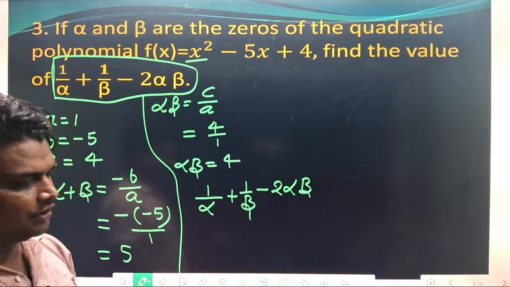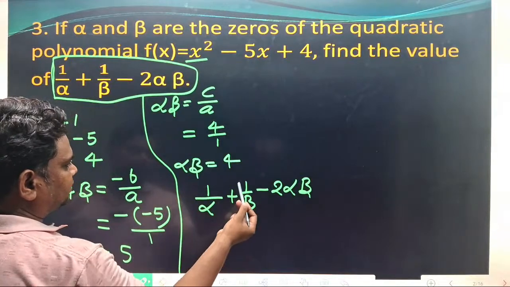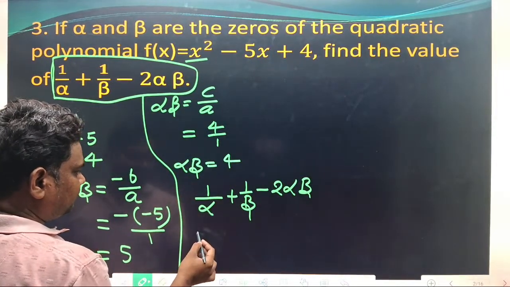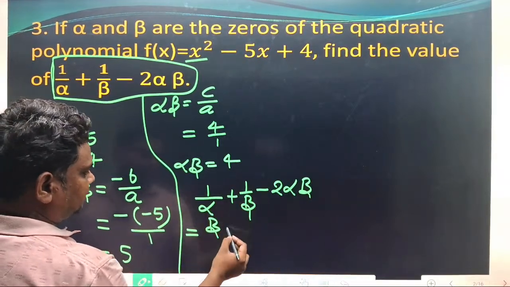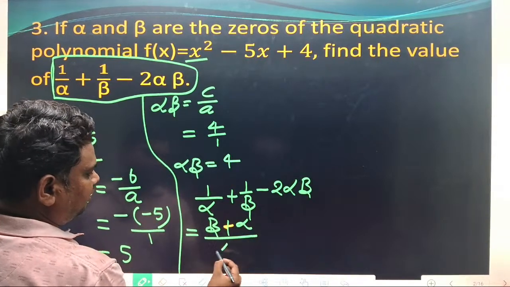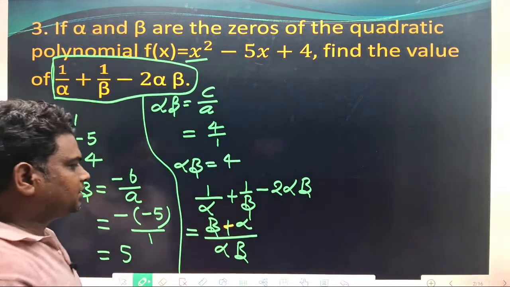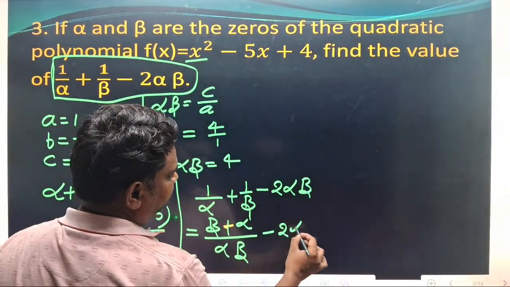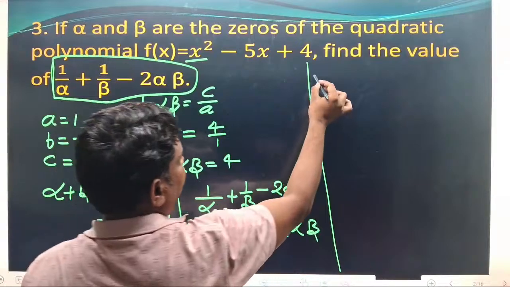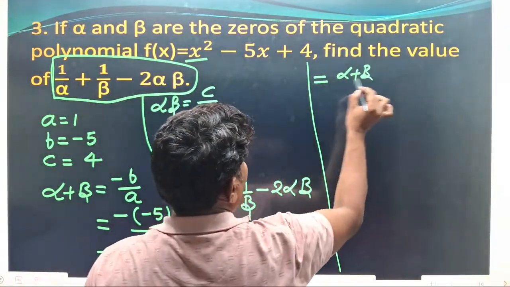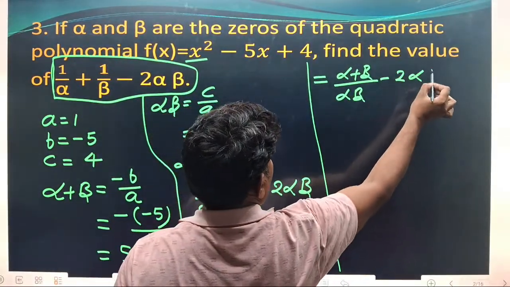Convert and solve it using cross multiplication. Beta ones are beta, alpha ones are alpha, upon alpha beta. The numerator is the sum of zeros and the denominator is the product of zeros, minus 2 alpha beta. It is written like this: alpha plus beta upon alpha into beta, minus 2 alpha beta.